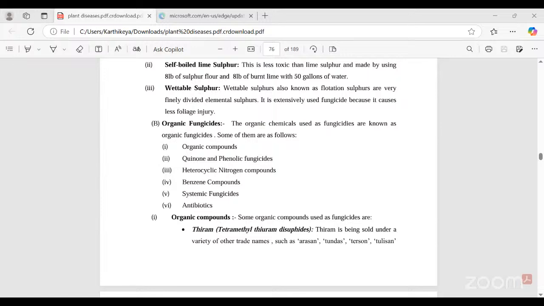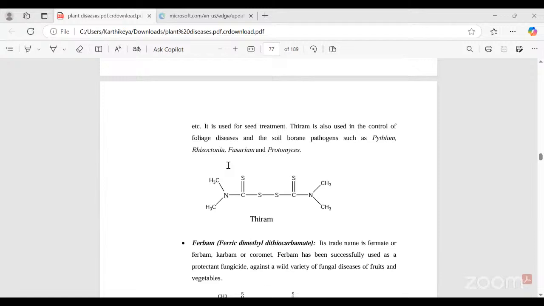Some organic compounds used as fungicides: Thiram, tetramethyl thiuram disulfide, sold under trade names such as Arasan, Tersan, and Thylate.